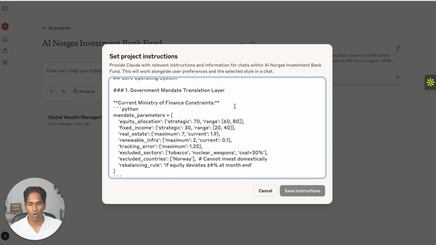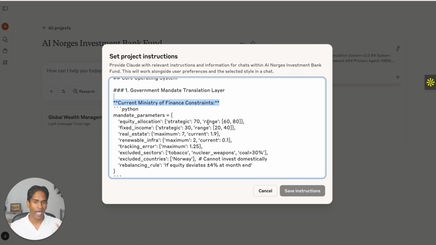Okay, so you have the core operating system, right? Now the constraints are really important. This is important for an agent to have. An agent should have constraints. An agent should know that there are certain hard-coded parameters that it should always abide by, right? And so these are the Ministry of Finance constraints. You're 70% equity, 30% fixed, right?